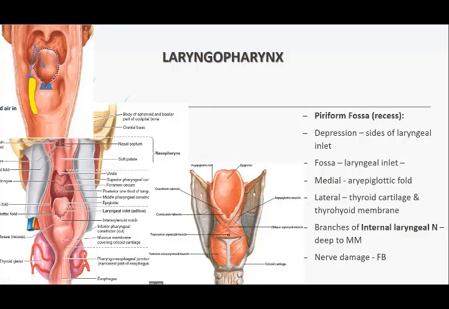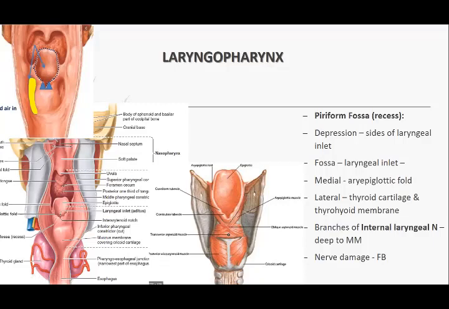Before that, what was the situation? Normal, in you and me, normal people. What happens is, God forbid, if any foreign body comes and lodges over here, the foreign body gets stuck here, okay? This is the mucous membrane, and deep to it the internal laryngeal nerve. This internal laryngeal nerve is very sensitive.